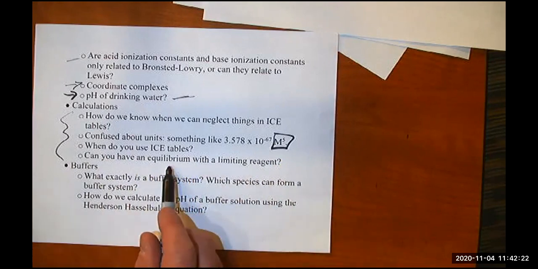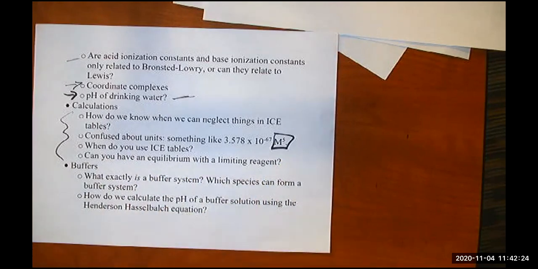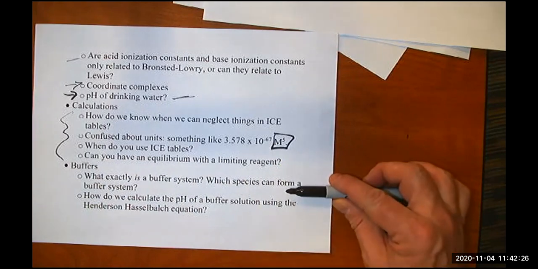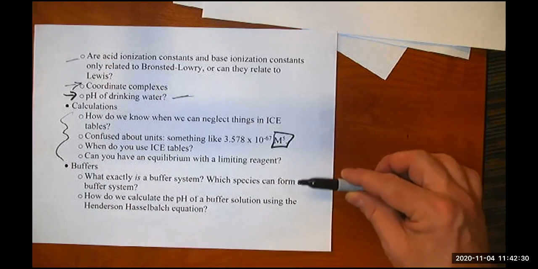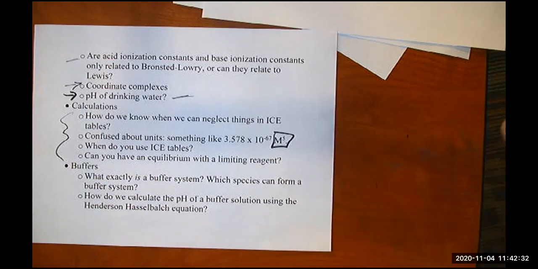How do you combine the ideas of equilibrium with a limiting reagent? And then some clarifications on a buffer system. So what is it? Which species can form a buffer system? We talked about that a little bit already with the weak acid and its conjugate base. That's essentially the idea.